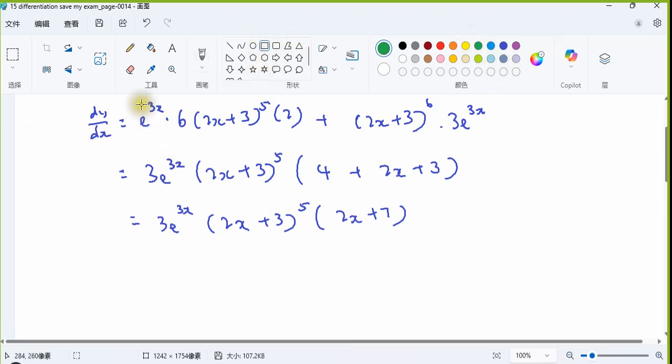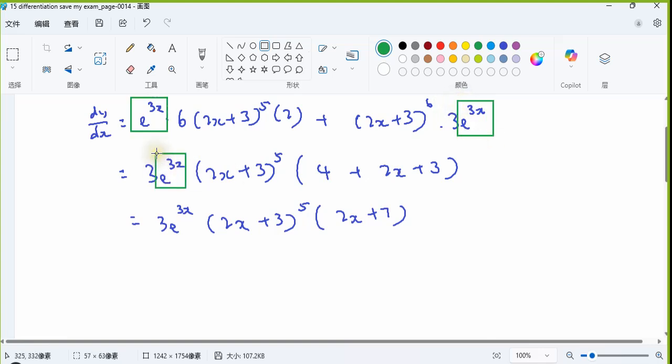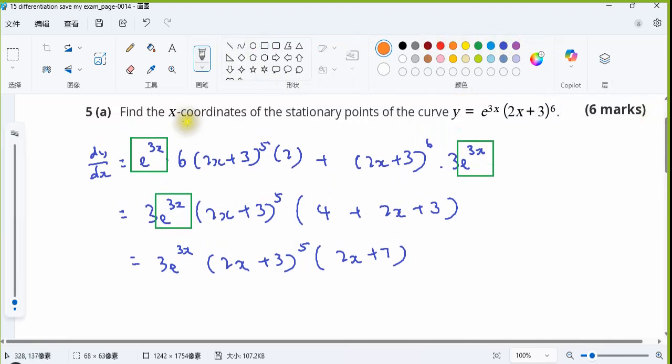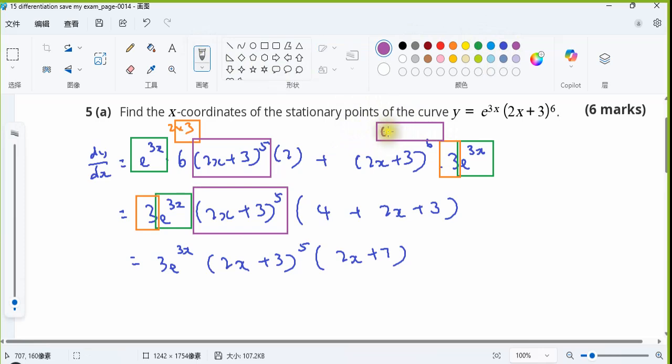So over here we factorize this e to the 3x, and then the 6 here is 2 times 3. So we can factorize the 3 here, and then this power 5, we have (2x plus 3) to the power 5 times the (2x plus 3).